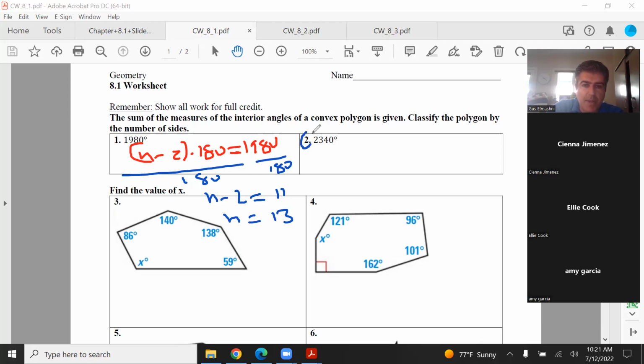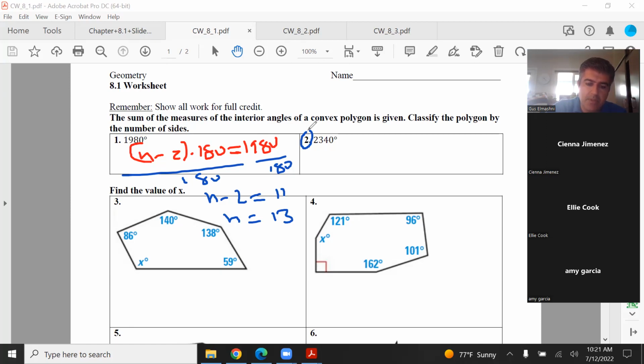In fact, why don't you guys try number 2 right now, and put your answer on the chat.